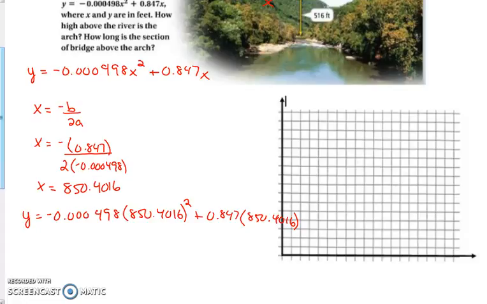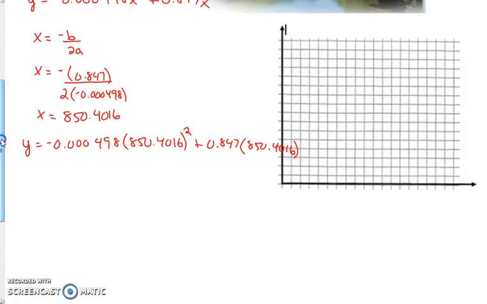We're not going to use the graph, so don't worry about going over onto the graph. I'll give you a minute to figure out what the y value is, or the height of the arch. So hopefully you calculated the height of the arch as 360.145. Again, I'm going to be rounding feet, and that's the height of the arch.